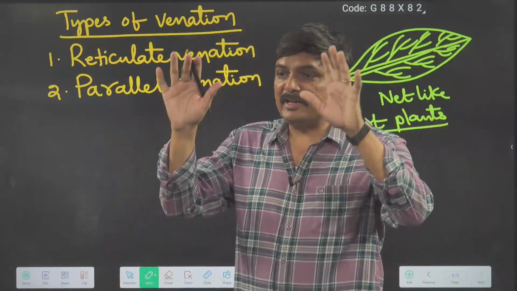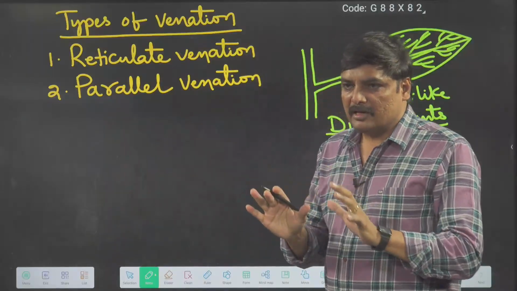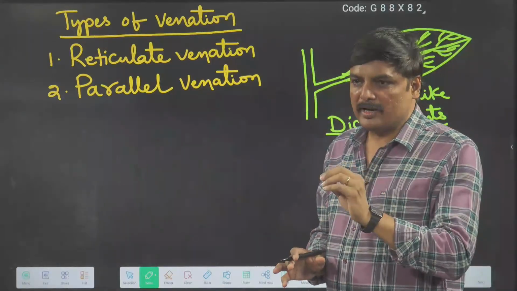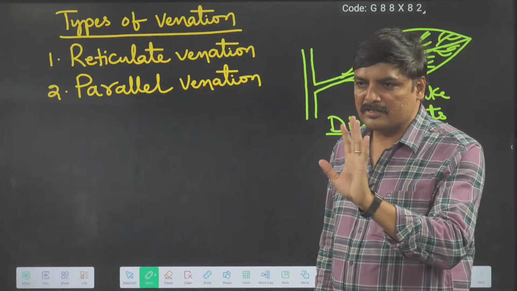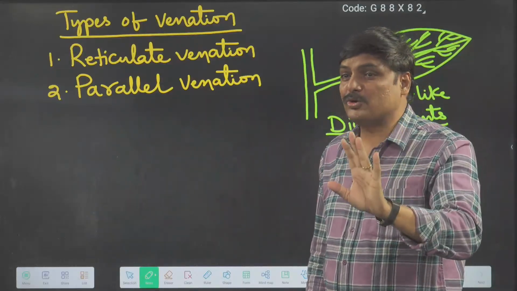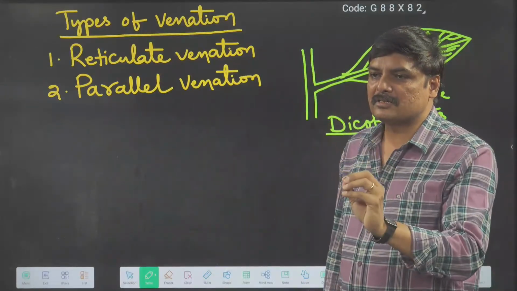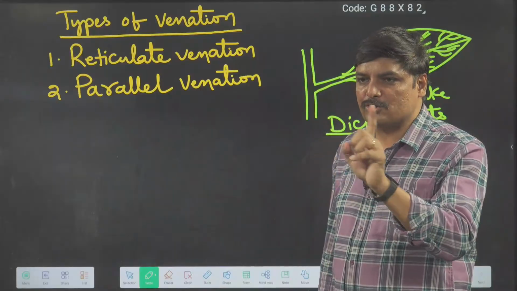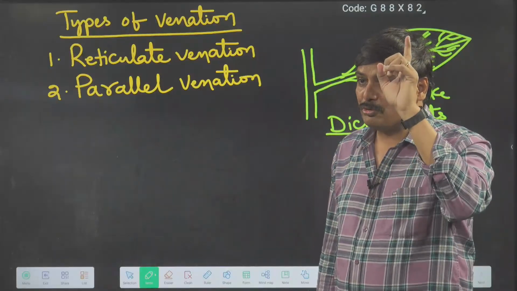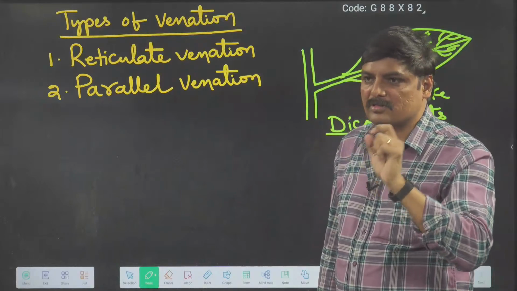However, there may be exceptions. I am telling that reticulate venation is common in dicots. I am not saying that all dicots show reticulate venation. There are few exceptions. Even though they are dicots, they do not show reticulate venation, they show parallel venation. So that is why there are exceptions.